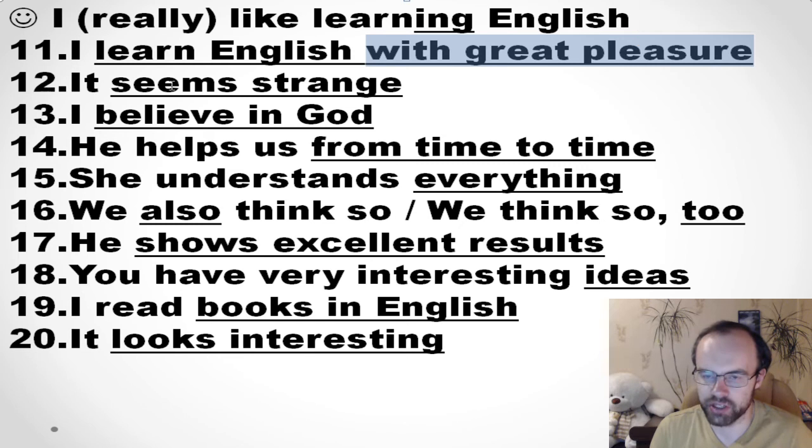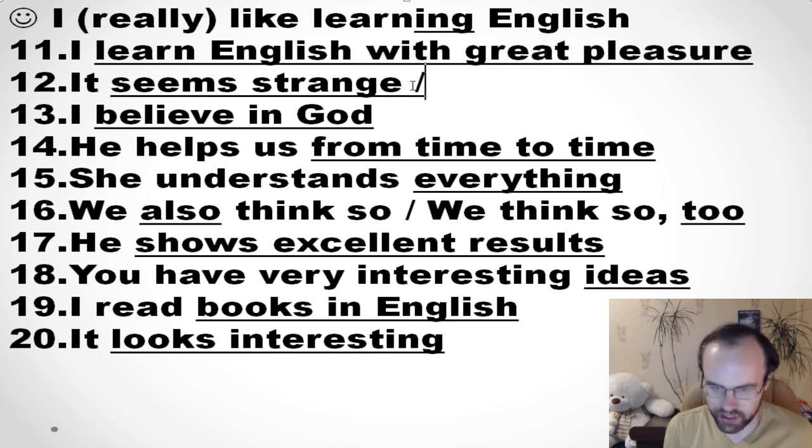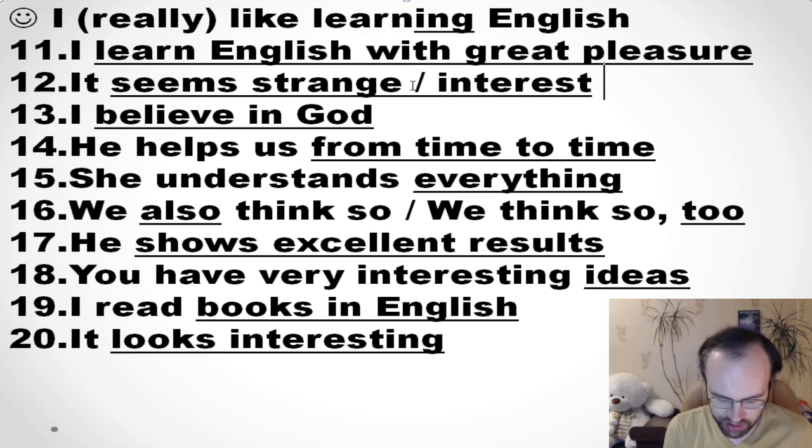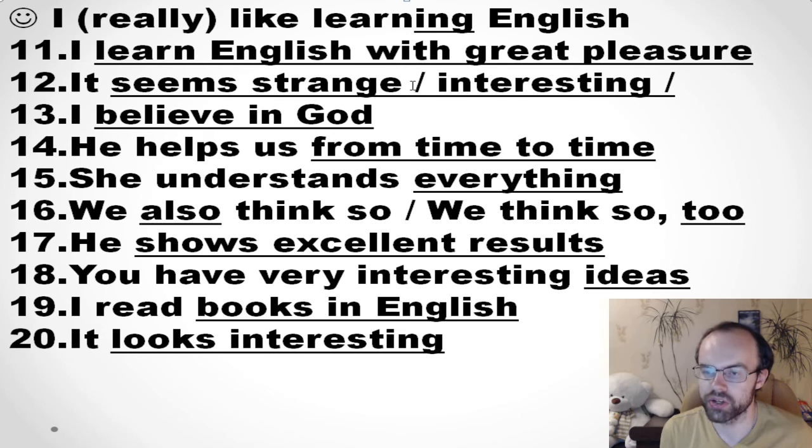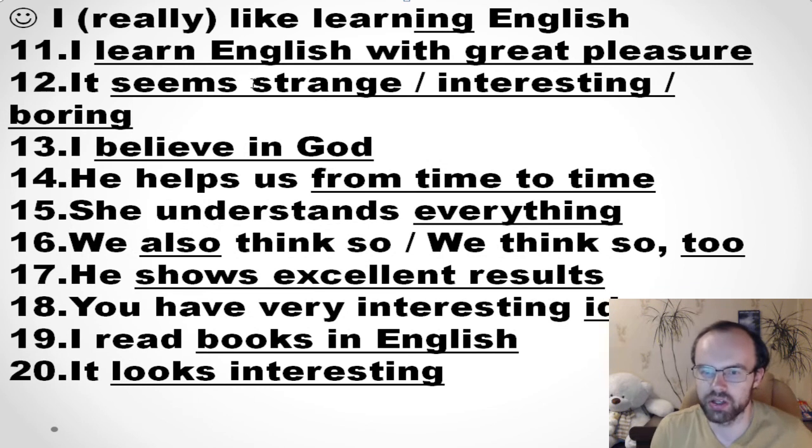So it seems strange. So we say it seems strange. For example, it seems interesting. So it seems, so what's the opposite word? So interesting is positive, and the negative word is boring, so it seems boring. So seems plus adjective.